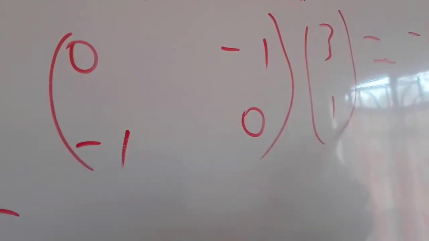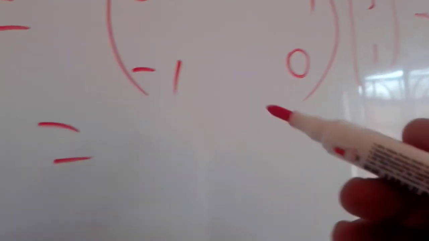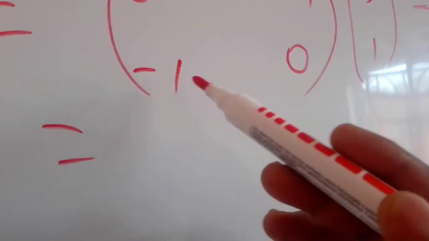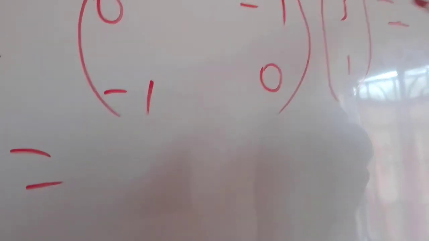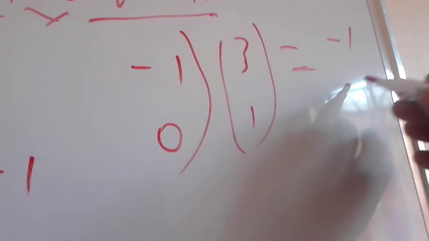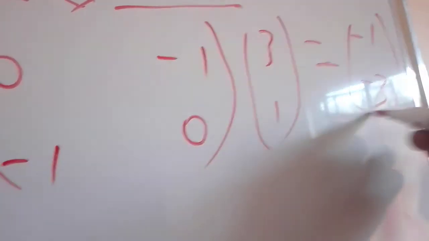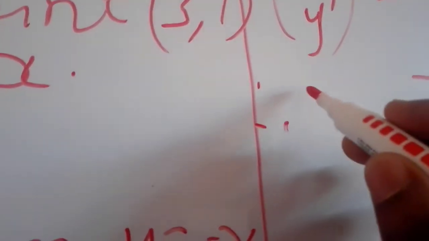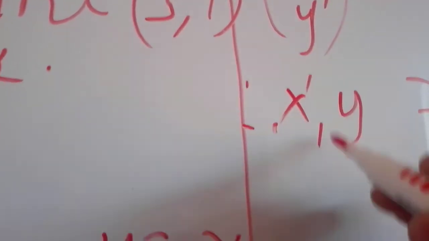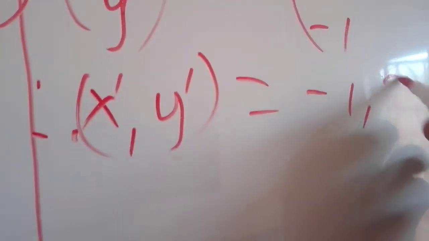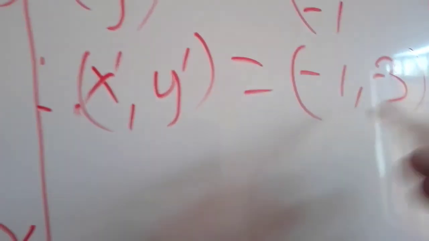And the other row times column: negative 1 times 3 gives negative 3, plus 0 times 1, so we get negative 3. Therefore (x', y') equals (negative 1, negative 3). So this is the image.